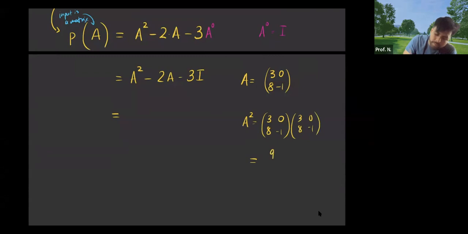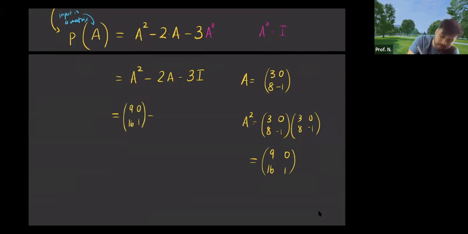I get 9. I get 0. I get 16. And I get 1, right? 24 minus 8 is 16. So I get 9, 16, 0, 1.